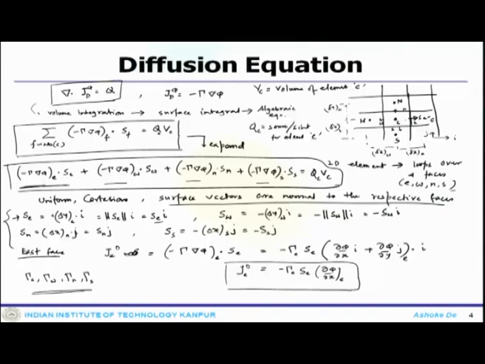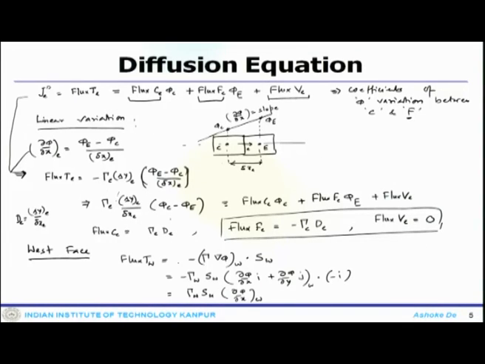You can assume that this is the length multiplied with the unity distance along the out of plane component. That is how you get all these surface vectors, or the vector notation of these things. Once you obtain that, then for each face like east, west, north, south, we have got this discretized system.